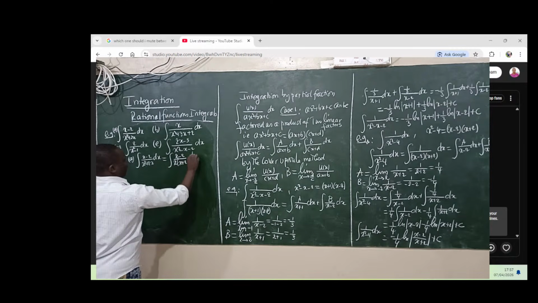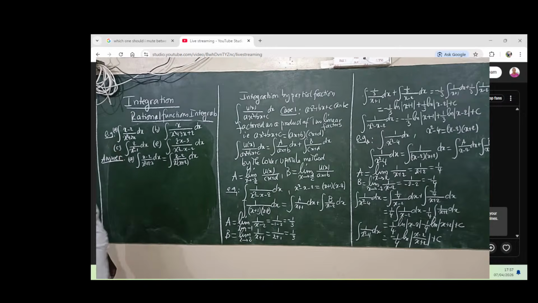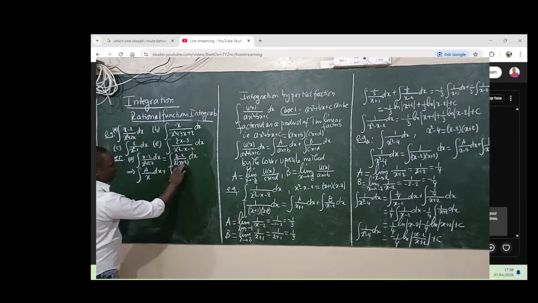As you see, the factored form is this. So this is going to be the integral of a divided by x dx plus, here we can find the value of a, b having b by x plus 2 dx.